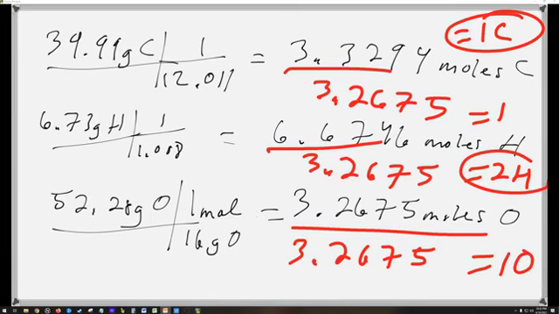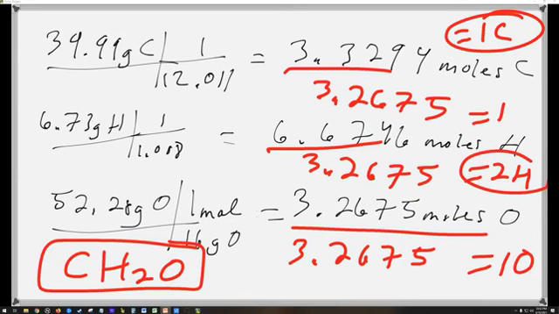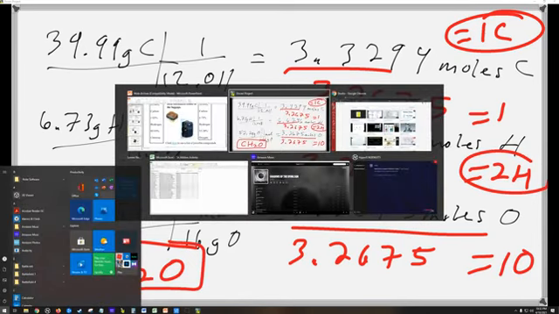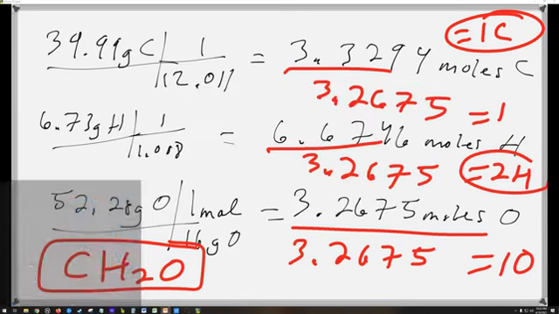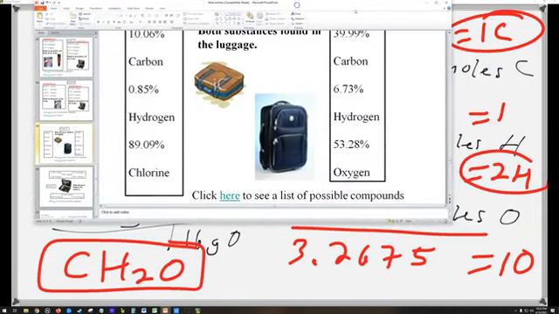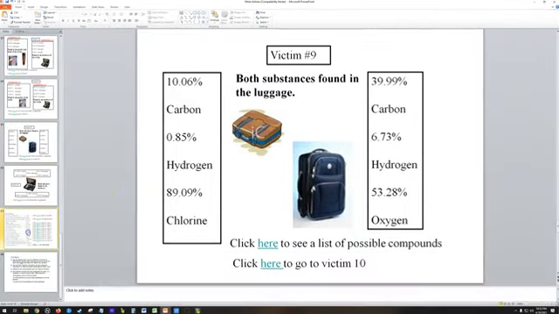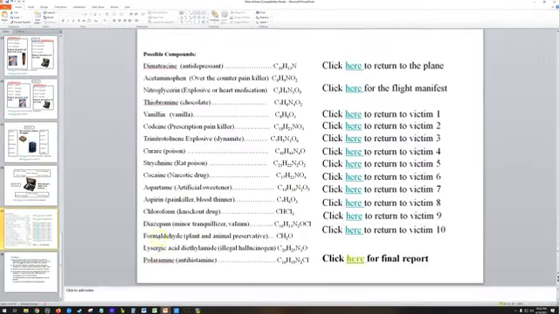So CH2O. Let's figure out what that is. CH2O. Oh, formaldehyde. Plant and animal preservative.